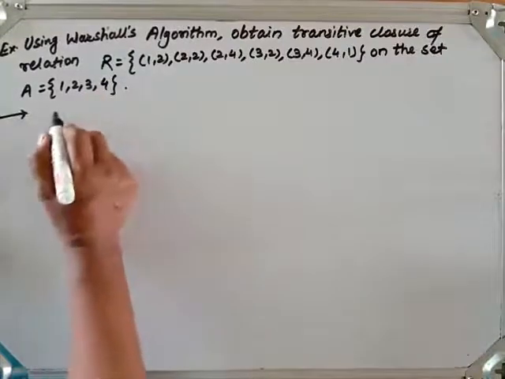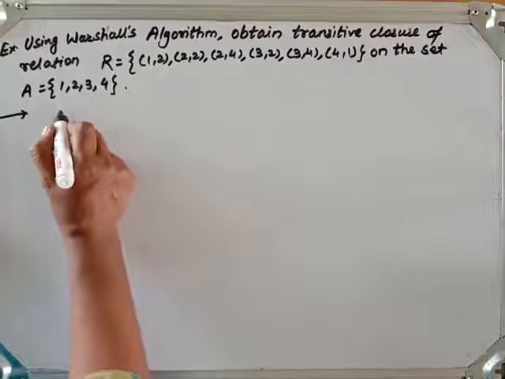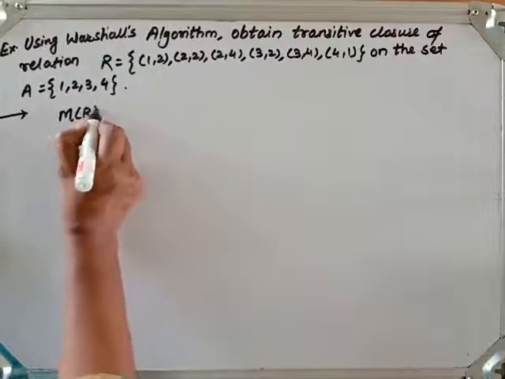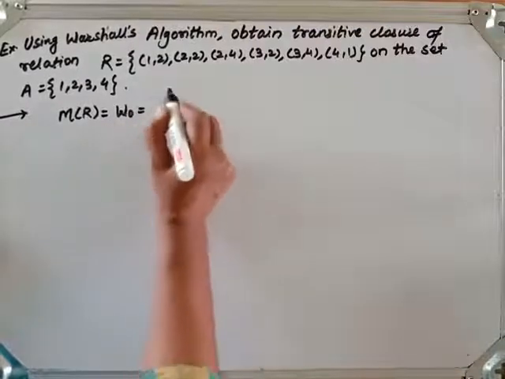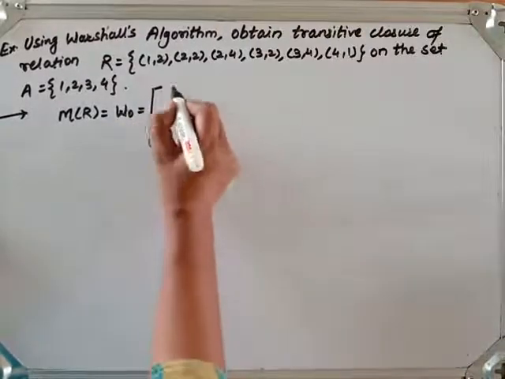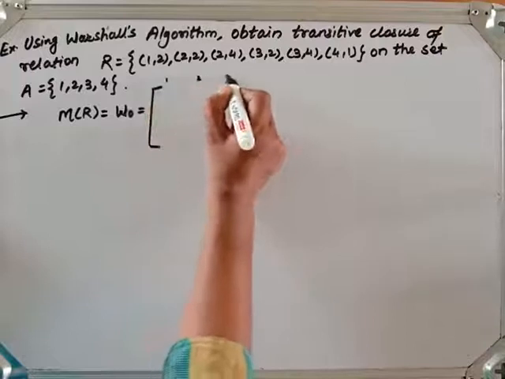First of all we write the matrix for relation R and give it the name W0. Here rows and columns are 1, 2, 3, 4.